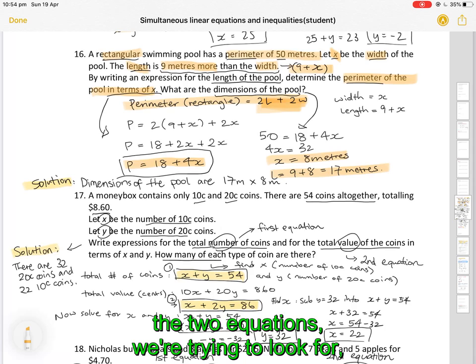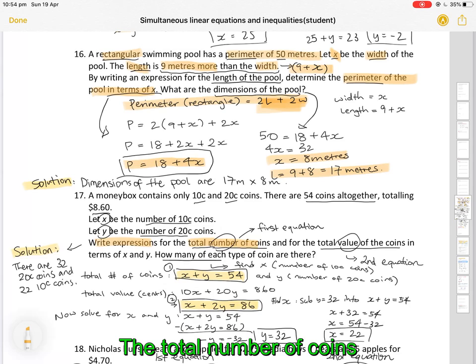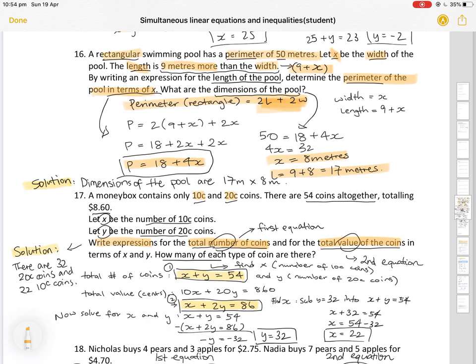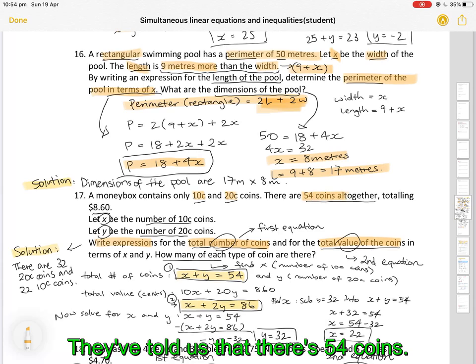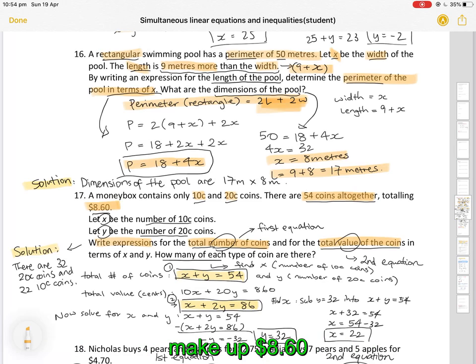In question 17, the two equations we're trying to look for are expressions for the total number of coins and the total value of the coins. So our money box has 10 cent and 20 cent coins. They've told us that there's 54 coins, and these 54 coins, when added together, make up $8.60.